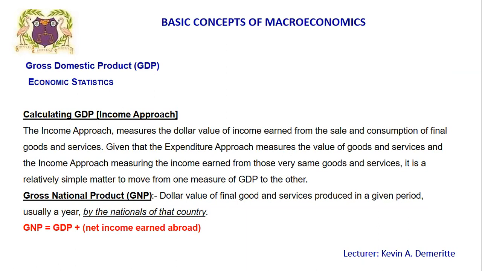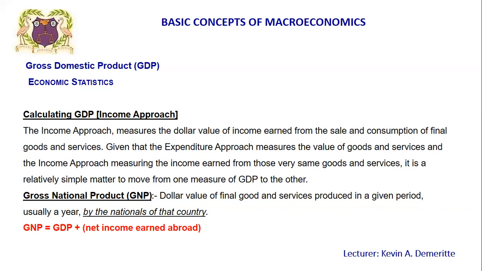And to get that figure, we take our GDP figure and we add what is called net income earned abroad. This is money earned by domestic residents, Bahamians, who happen to be living outside of the country. And we add that to our GDP, and it gives us what is called our GNP, or gross national product.